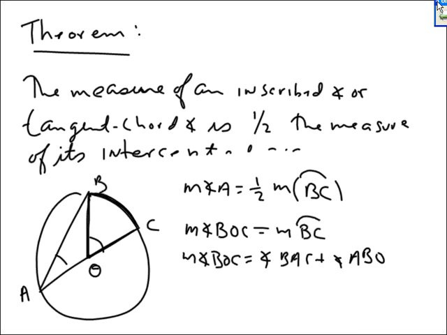What I'm saying is angle BAC, this angle here, plus angle ABO, this angle here, is equal to the exterior angle, the supplement of the angle where I put the question mark. And the reason is, what properties does that angle have?